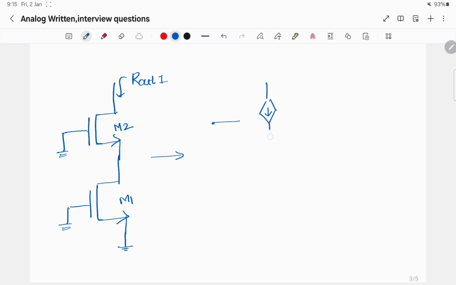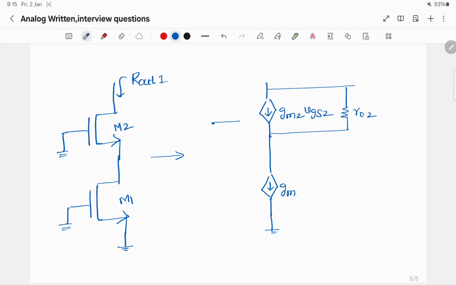It is gm2 VGS2, and output resistance is ro2, and for M1 it is gm1 VGS1 and resistance of ro1 from drain to source. The gate of M1 is connected to ground, and also the gate of M2 is connected to ground.